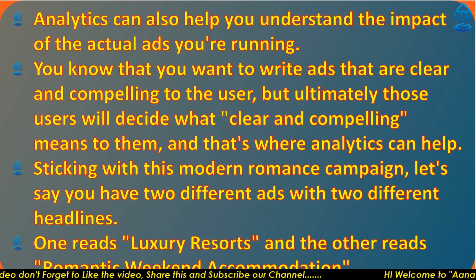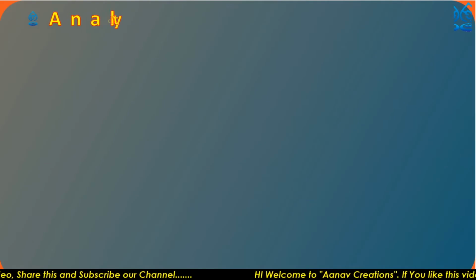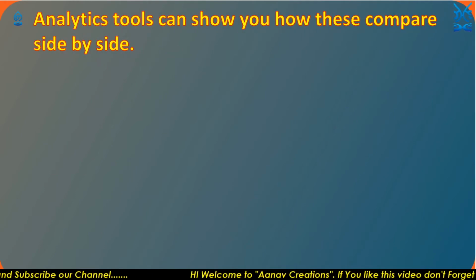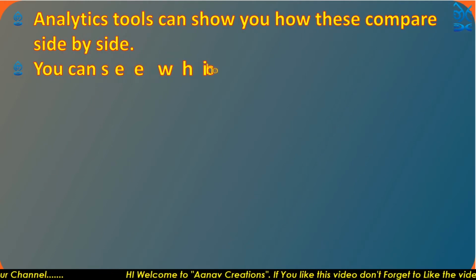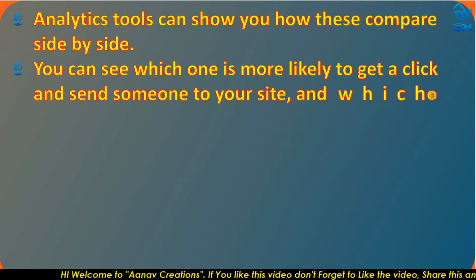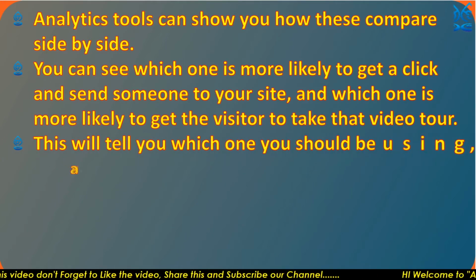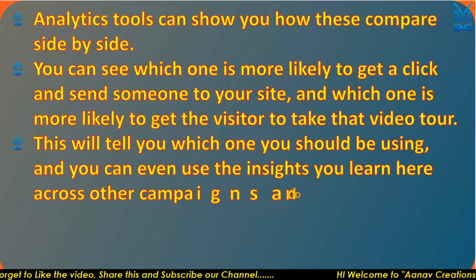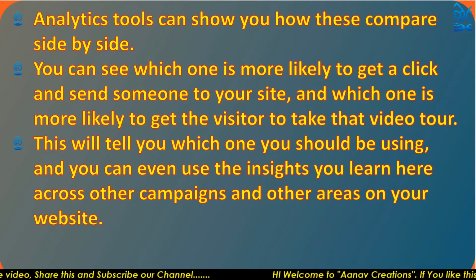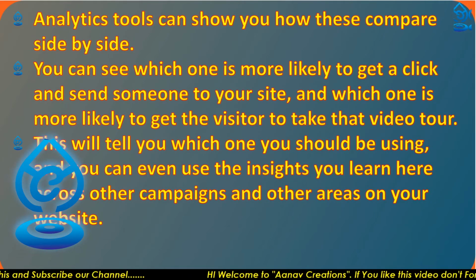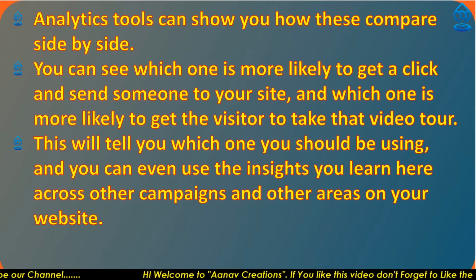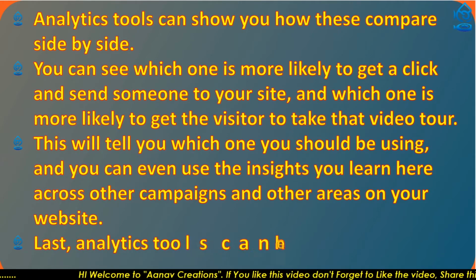One reads luxury resorts and the other reads romantic weekend accommodation. Analytics tools can show you how these compare side by side. You can see which one is more likely to get a click and send someone to your site, and which one is more likely to get visitors to take that video tour. This will tell you which one you should be using, and you can even use the insights you learn here across other campaigns and other areas on your website.